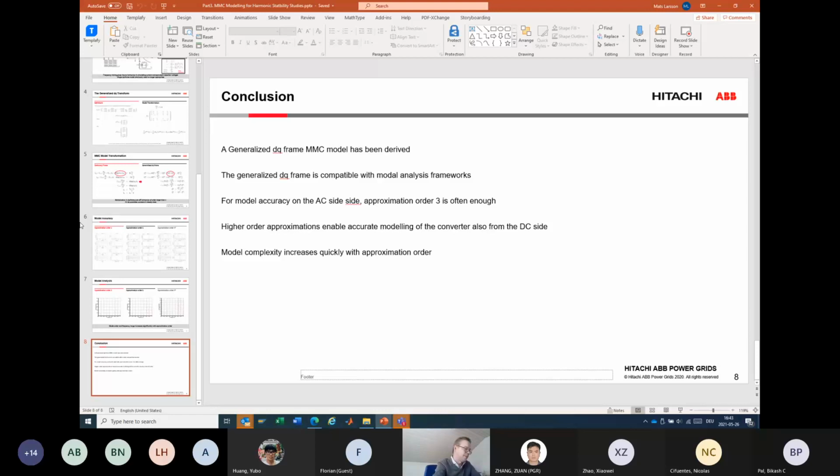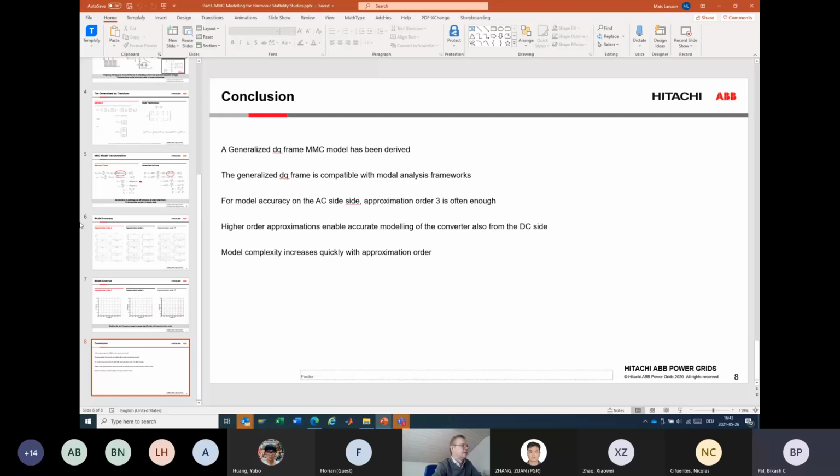You could in principle go to infinity. But you have a lot of clever tricks in the control to make sure those are not visible in the AC quantities. So in my experience, the single DQ frame model for the grid is very good, even for an MMC converter.